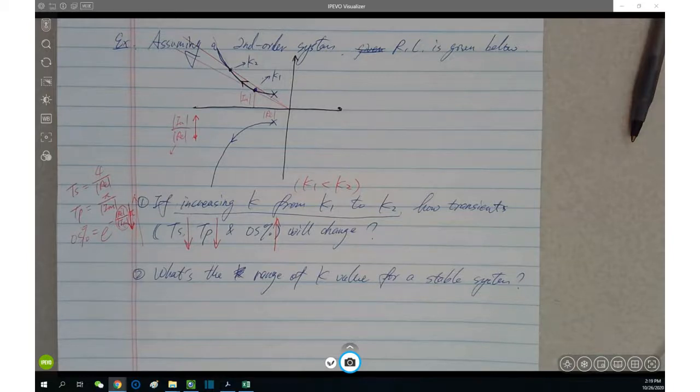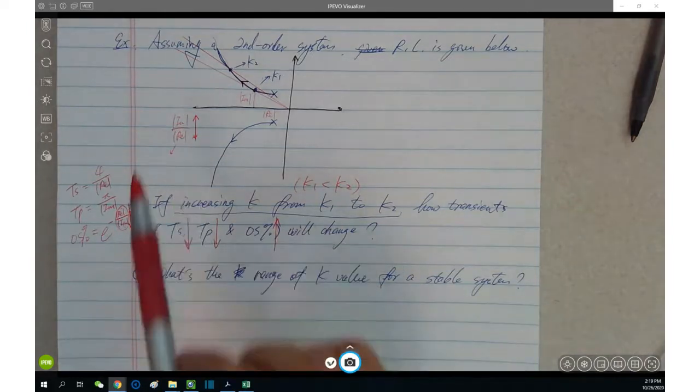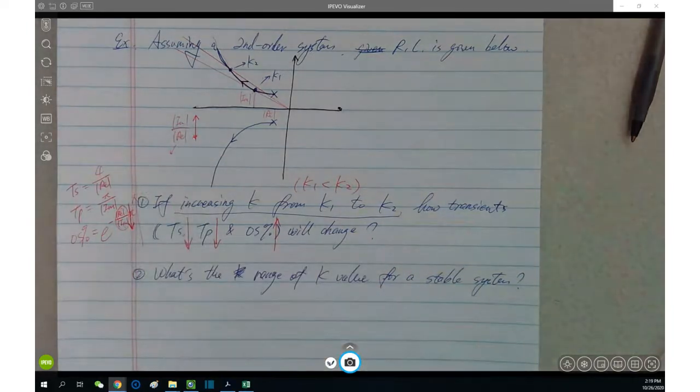Yes, the magnitude of the imaginary part is growing faster than the magnitude of the real part. That's why this ratio is increasing.